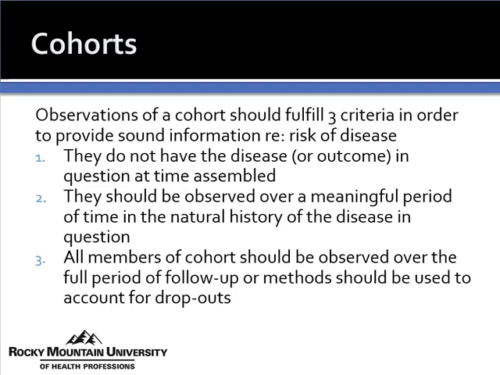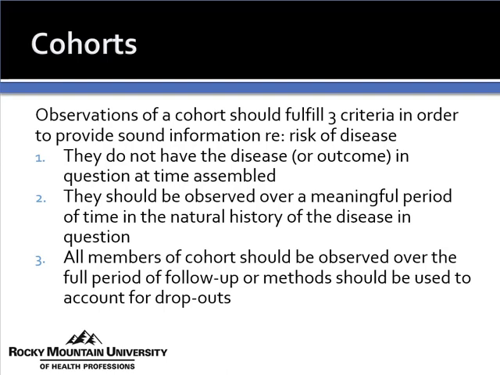Observations of a cohort should fulfill three criteria in order to provide sound information regarding the risk of disease or injury. First, they do not have the disease or the outcome of interest in question at the time they are assembled. That is true for both the prospective cohort as well as the retrospective cohort.